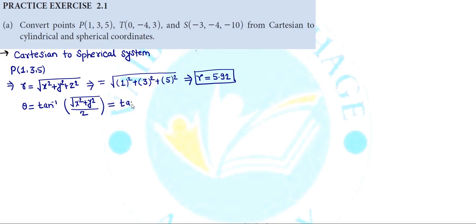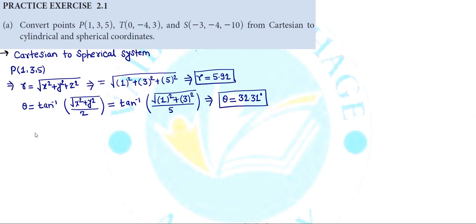So we will have tan inverse of the square root of 1 square plus 3 square, divided by z, where z is 5. If you simplify that, you will find that theta is around 32.31 degrees. So that is theta.